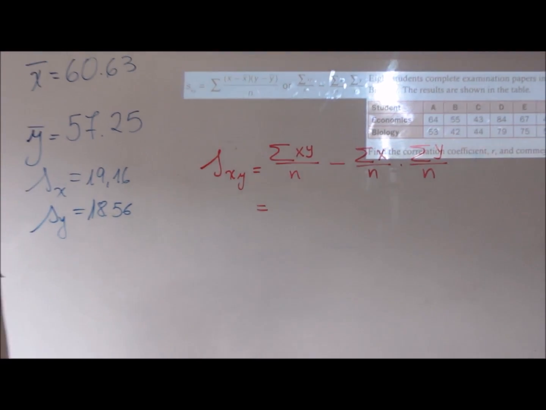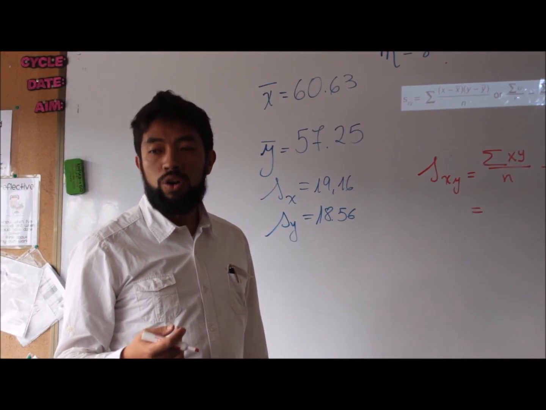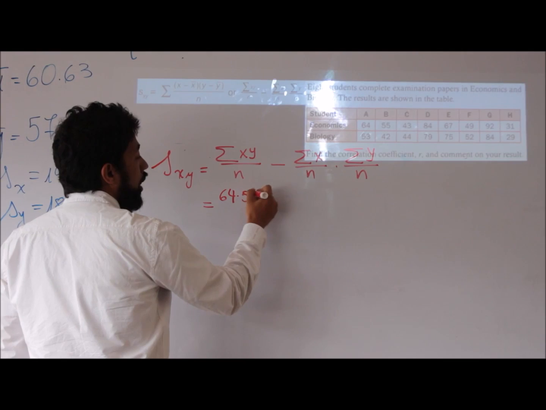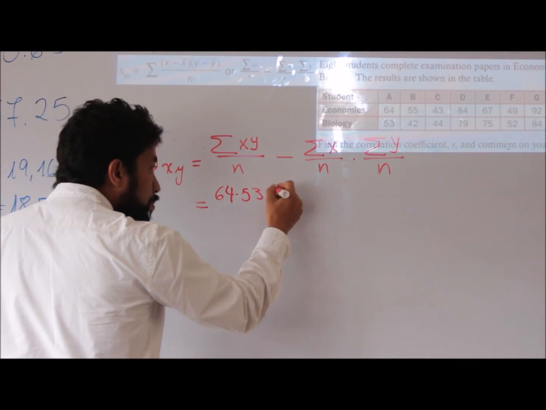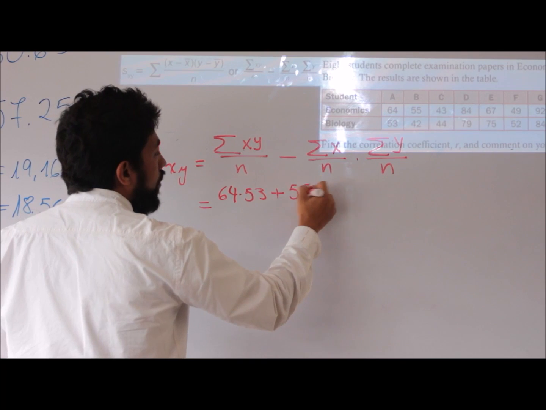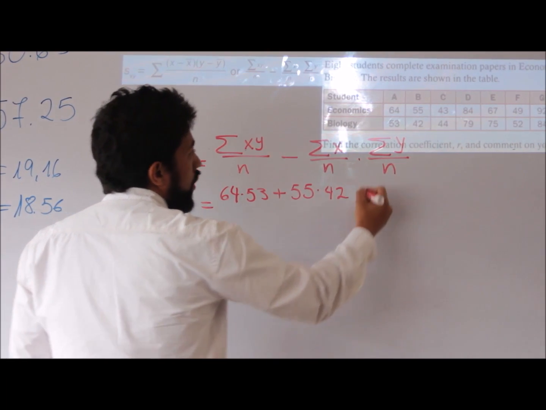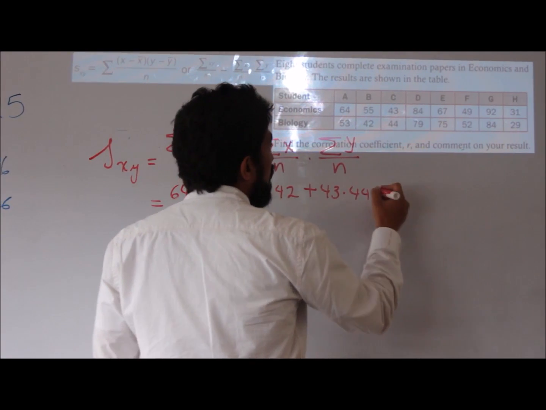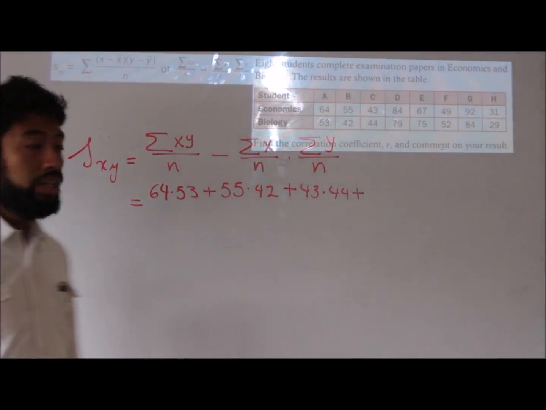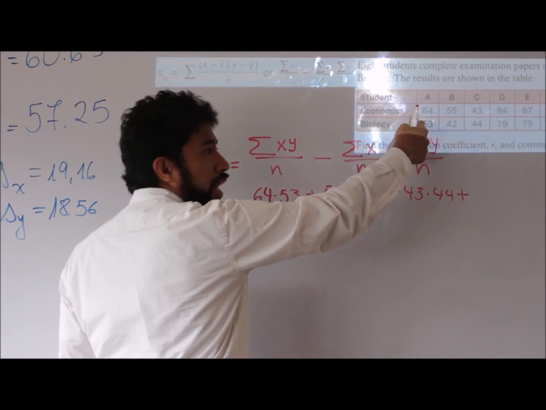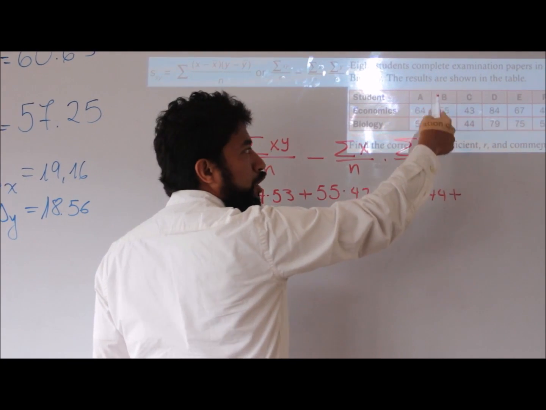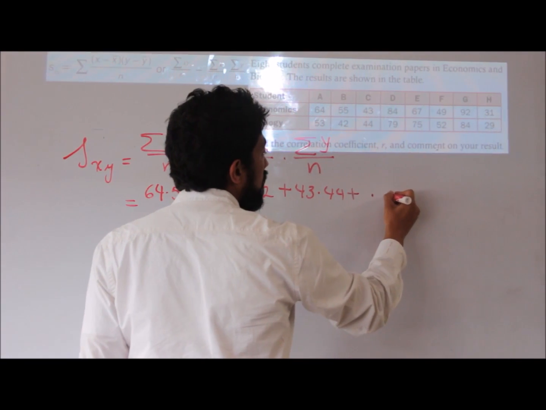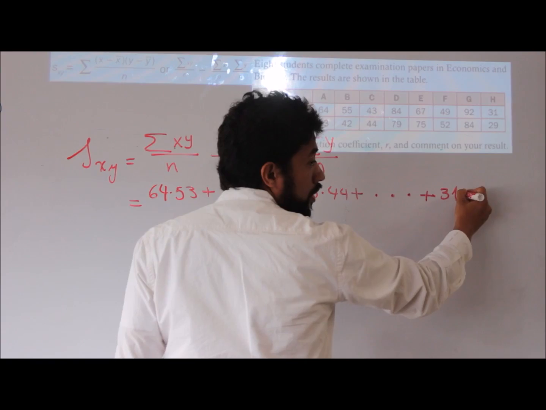X times Y. So it will begin 64 times 53 plus 55 times 42 plus 43 times 44 plus 84, this multiplied by this plus this multiplied by this plus this multiplied by this up to 31.